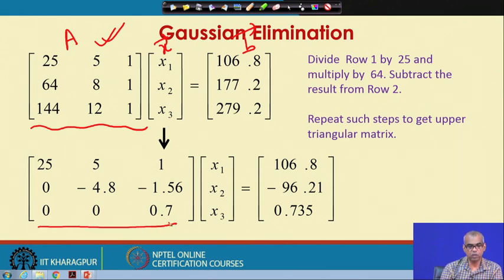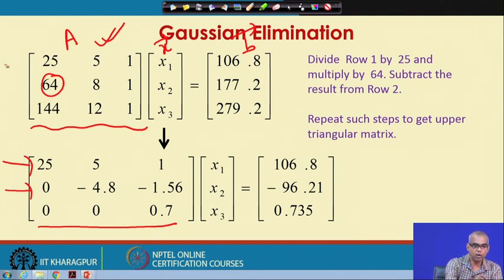See, all the elements below the principal diagonal are 0. So, the first row remains unchanged. Look at the second row. The 2,1 element must be 0. So, this has to be converted to 0. So, what do you do? You perform elementary row operations.